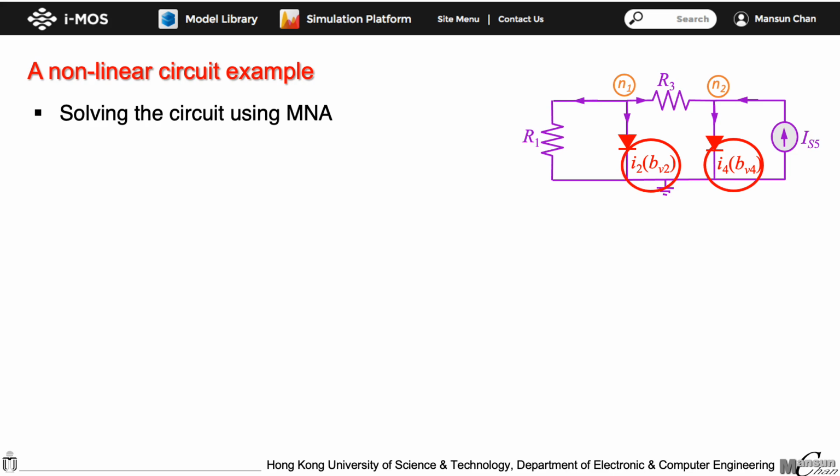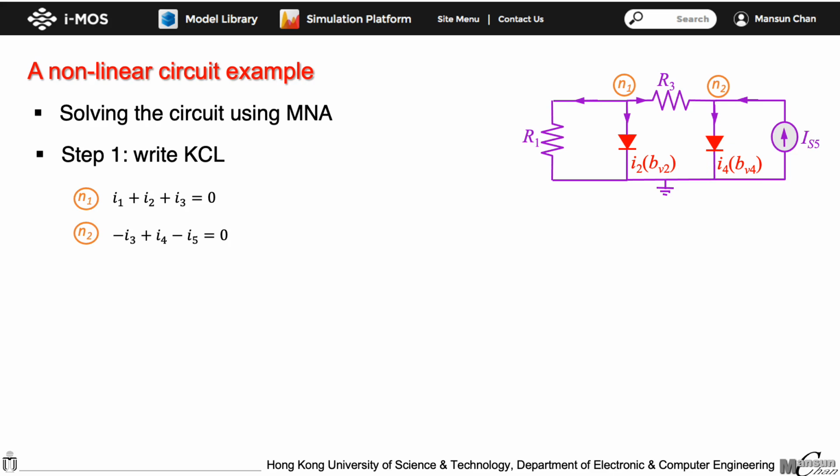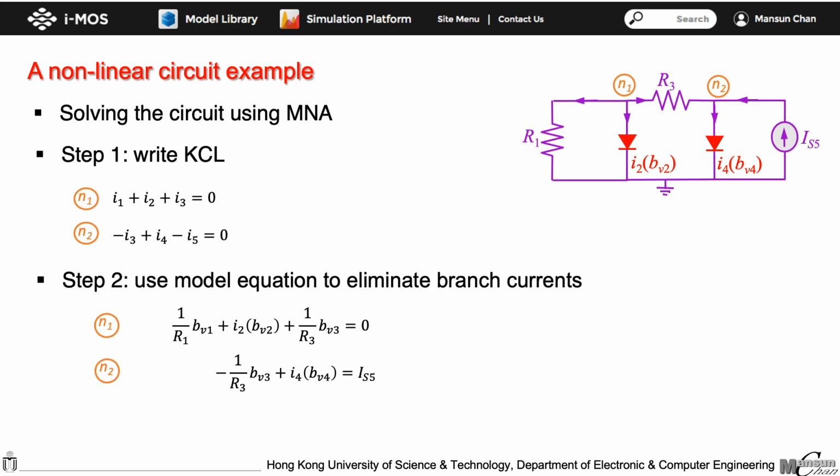Following the steps of the modified nodal analysis to solve the circuit, we first write the KCL. As there are only two nodes, excluding the ground, there are only two node equations. We then rewrite the KCL using the branch equations to express the branch currents in terms of branch voltages.